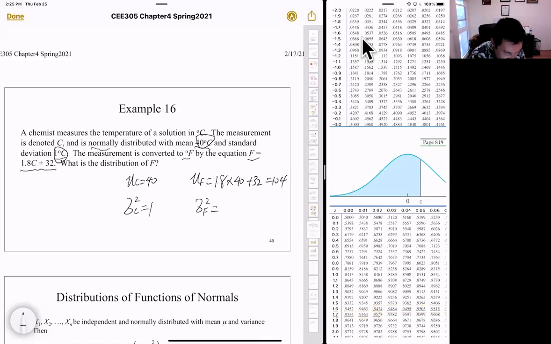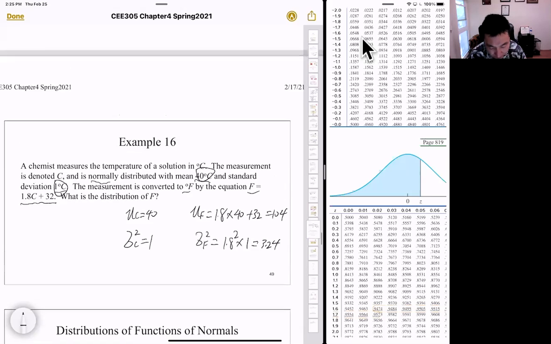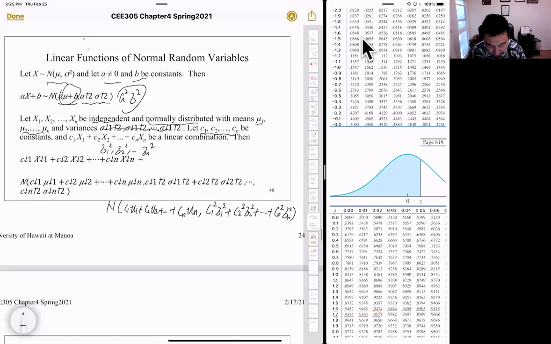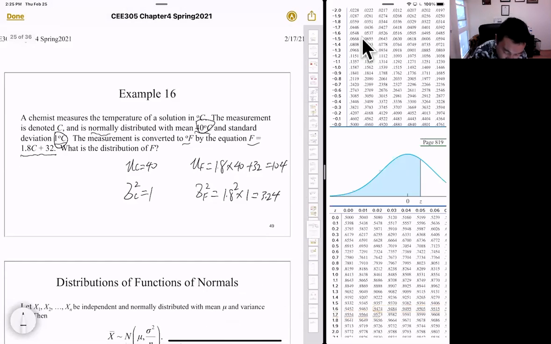And the variance is 1.8 squared times 1, so 3.24. So that's the linear function: the mean value and the variance, a squared. So F will follow a normal distribution with a mean value of 104 and a variance of 3.24.